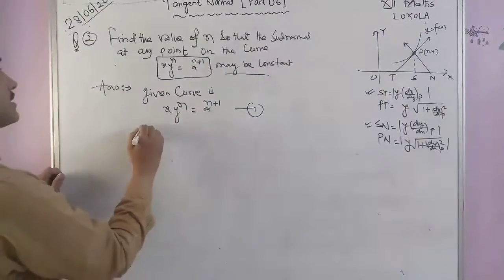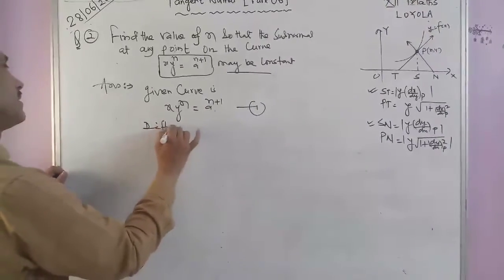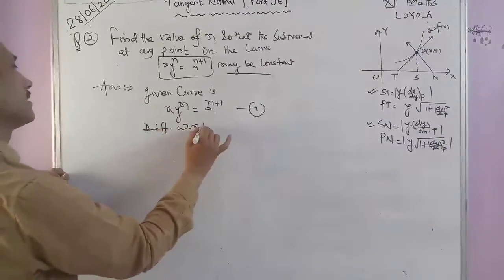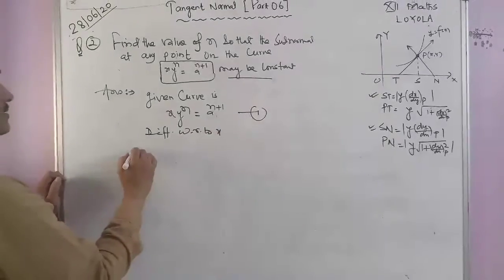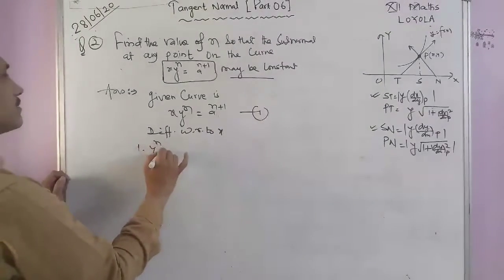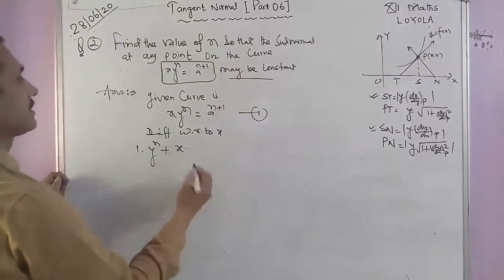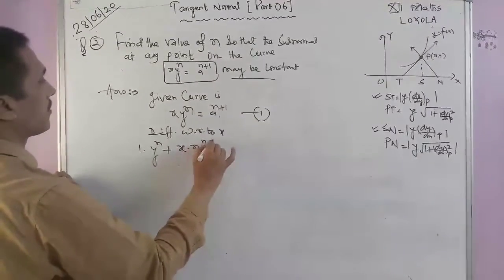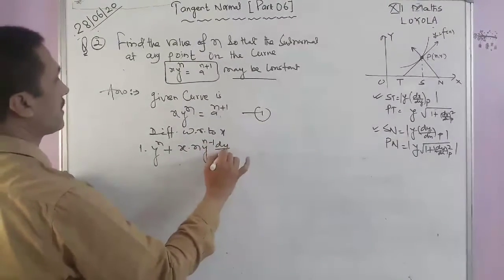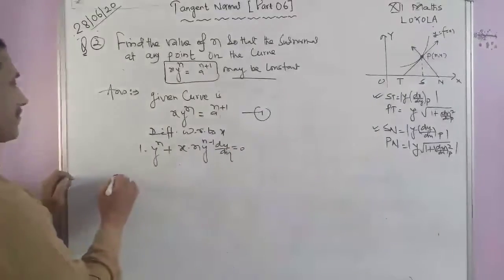So first, differentiating with respect to x: 1 into y to the power n, plus x into n y to the power n minus 1 dy by dx, equals 0.